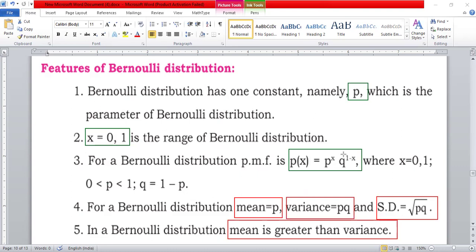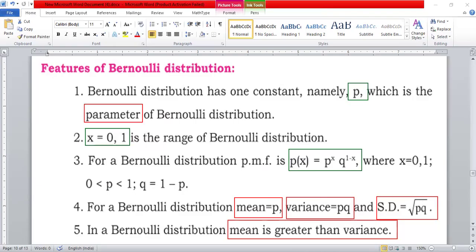Bernoulli distribution, PMF, P of x is equal to P to the power of x, Q to the power 1 minus x. And what is the range of Bernoulli? 0 and 1. The parameter of the Bernoulli distribution is P, and the mean is equal to P, variance is equal to PQ, and standard deviation is root of PQ.